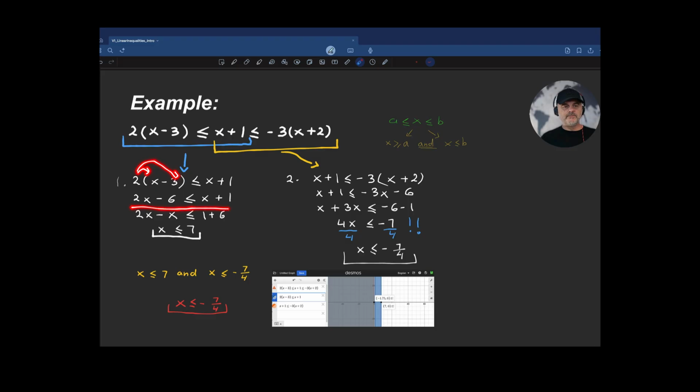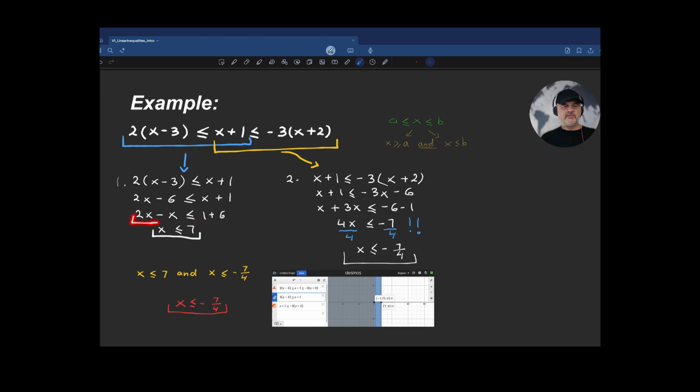So we do that, and then we collect like terms on one side and the other group of like terms on the opposite side. So this is why you have 2x minus x, because of that x being shifted to the left, and negative 6 is transformed by adding 6 to both sides, so you have 7.